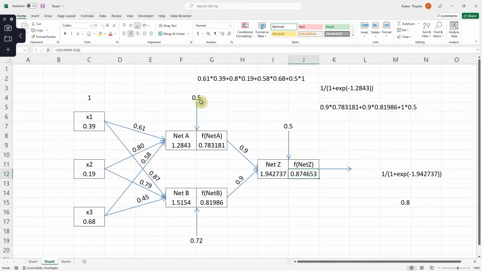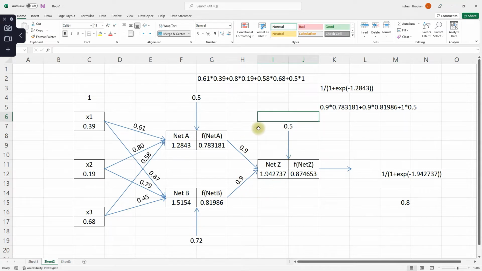You remember last time we discussed in the first video that you have different weights that are connected to the output node. These are the weights, the 0.9, the 0.9, and the 0.5. They are constant here, and they are the ones that are connected to the output nodes.